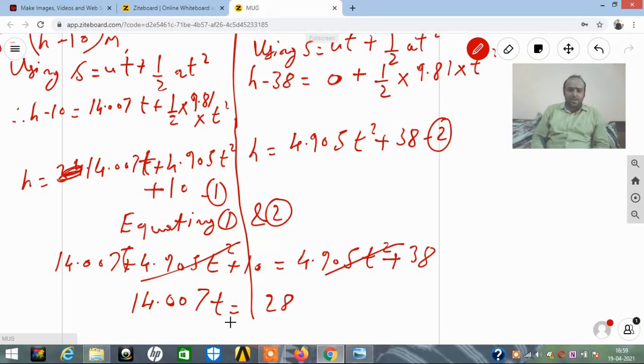Therefore t is equal to 1.999, which is 2 seconds.